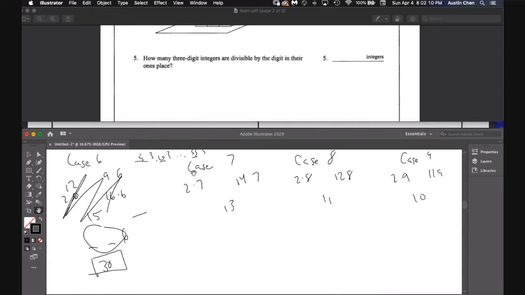For this number to be divisible by 7, we look at this in mod 7 and it has to be congruent to 0. Well, the 7 is already 0 mod 7, so we take that out of the equation, and then we just have 10 times x is congruent to 0 mod 7.